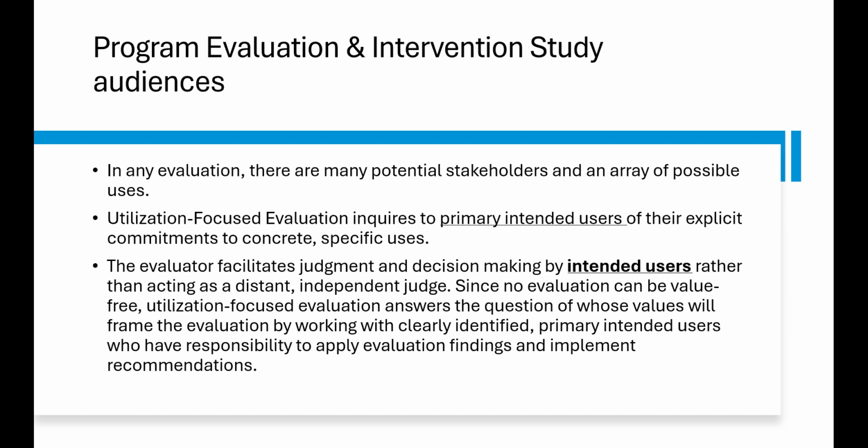And by that he means that we should take into account the understanding, the knowledge and beliefs of our primary intended users. So we want to rely heavily on their input to help guide our studies, and that should give you more accurate results.